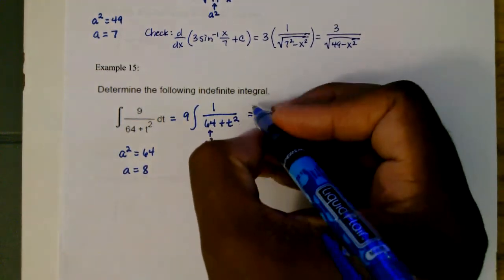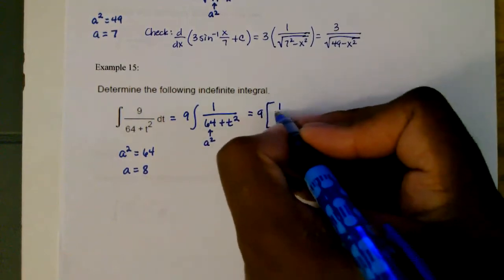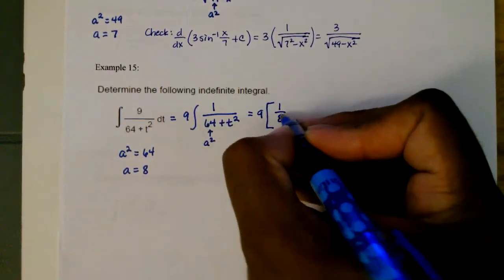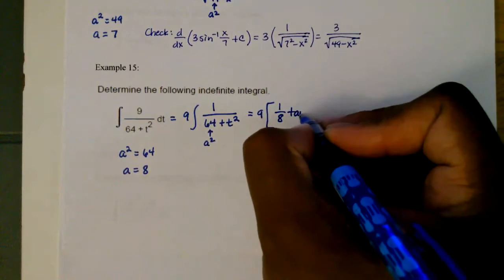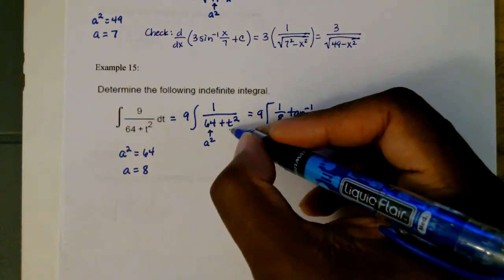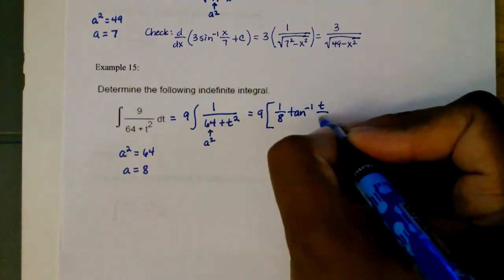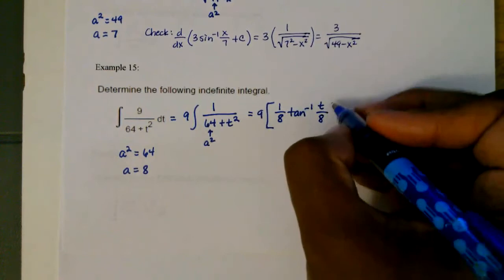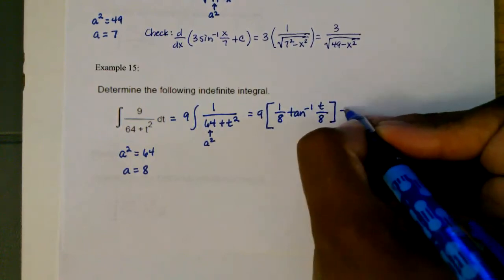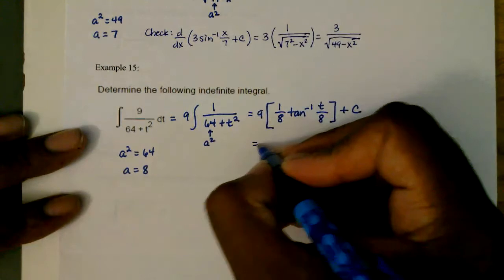Let me bring the 9 over. This integral will be 1 over a, which is 1 over 8, times the inverse tangent of the square root of t squared, which is just t, over a, which is 8, plus c. And then 9 times 1/8 would be 9 over 8.